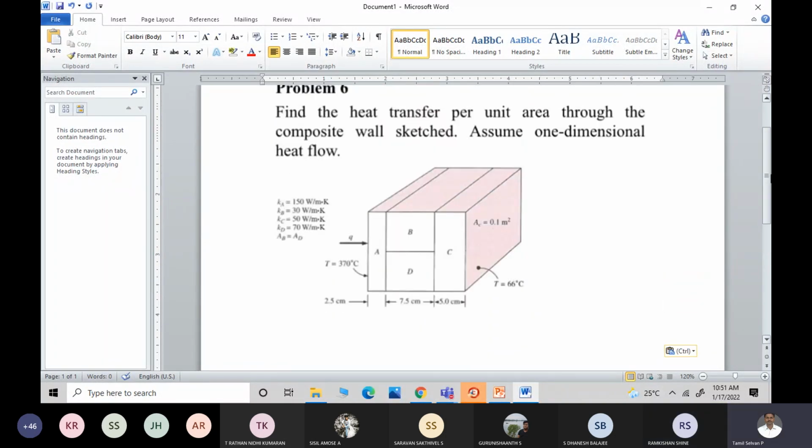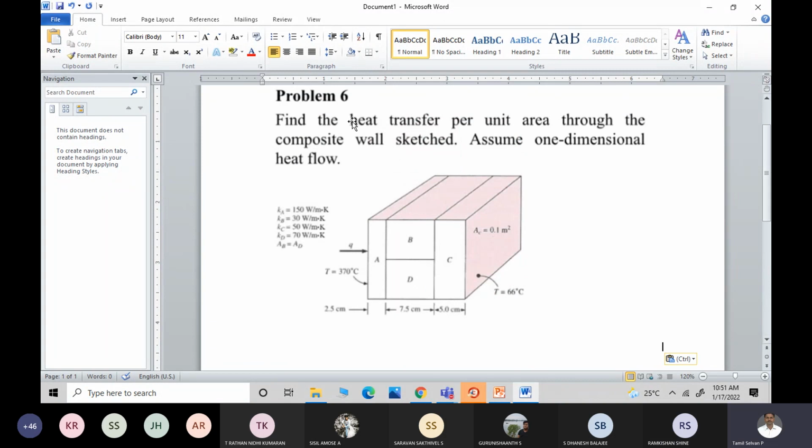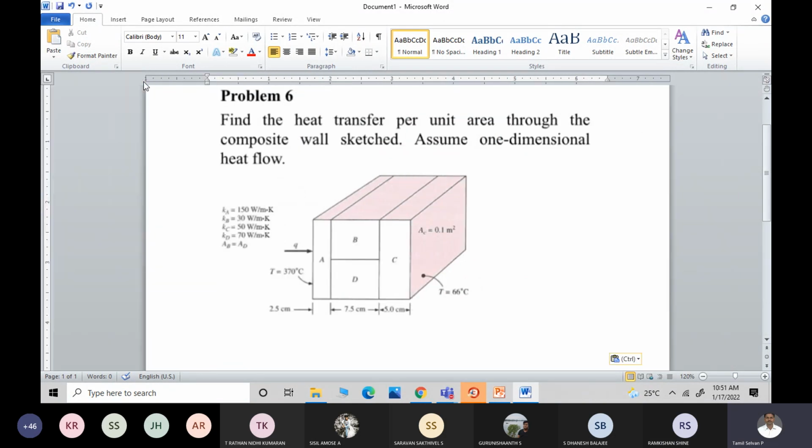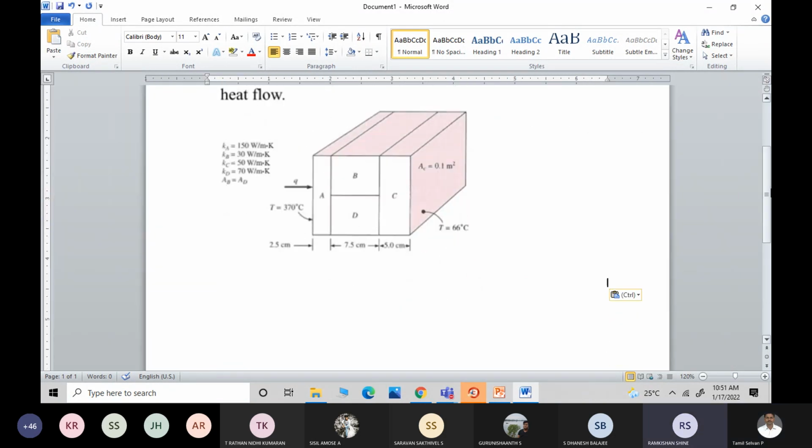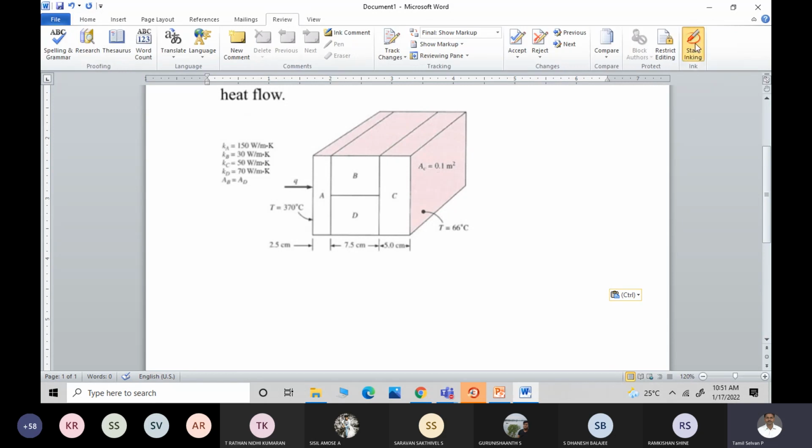So let us see. This is the diagram which is given. Is it visible to you all? So the area given here is 0.1 meter squared, and this is a composite wall.